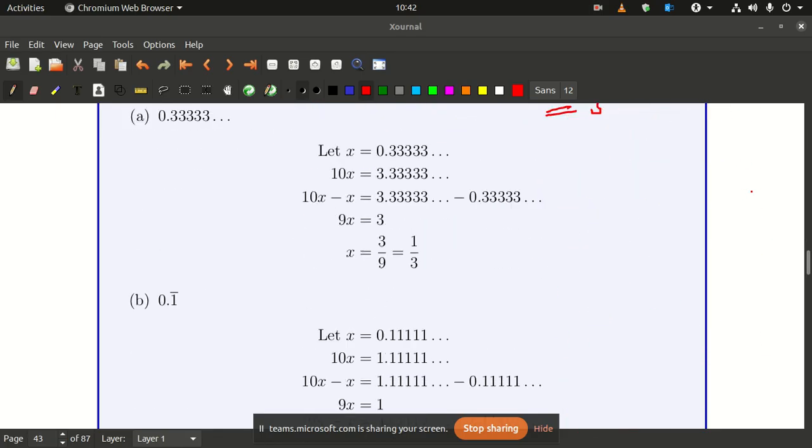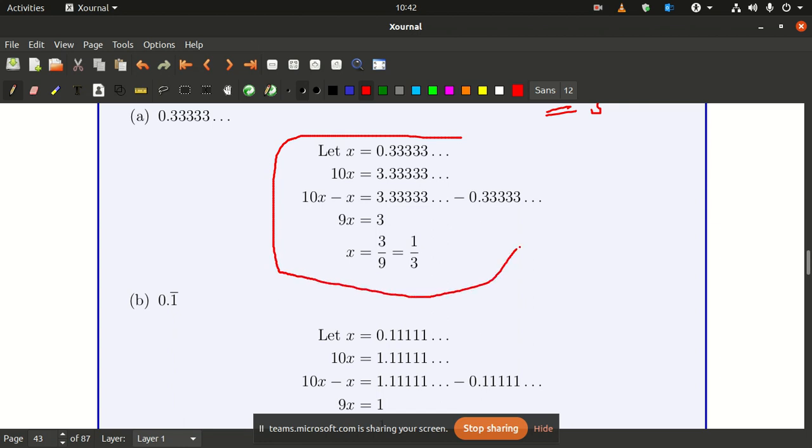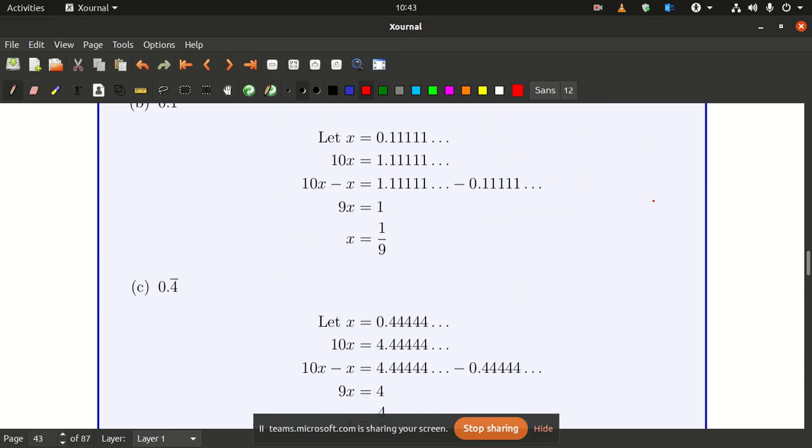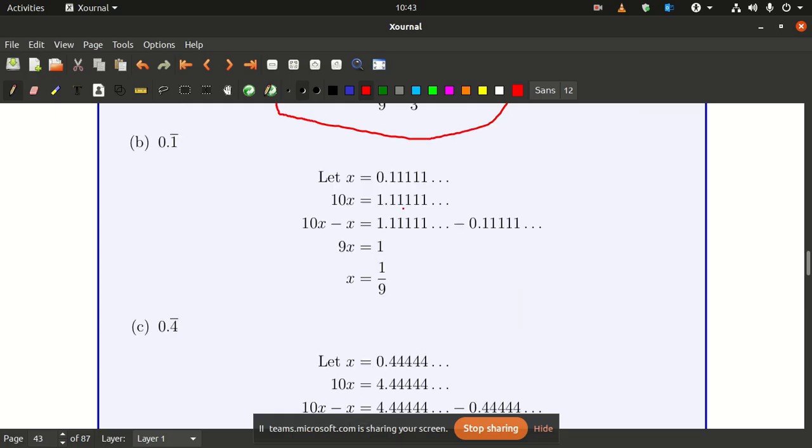Okay. As you can see here, this is the example I was trying to do, and we're all getting it. Let's try another example now. You can see that we have 0.1 bar, and of course 0.1 bar is the same as 0.11111 with 3 dots at the end.